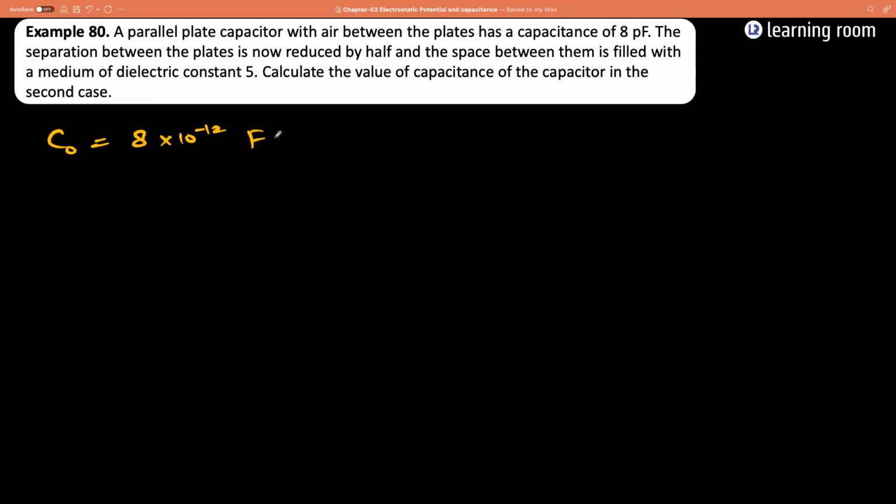The separation between the plates is now reduced by half, and the space between them is filled with a medium of dielectric constant kappa. What would be the value of the capacitance in the second case? So can I write C naught as epsilon naught A divided by D? How do I frame an expression for C dash? It will be epsilon naught A divided by, tell me.